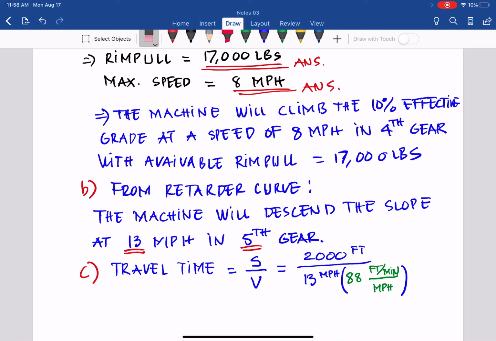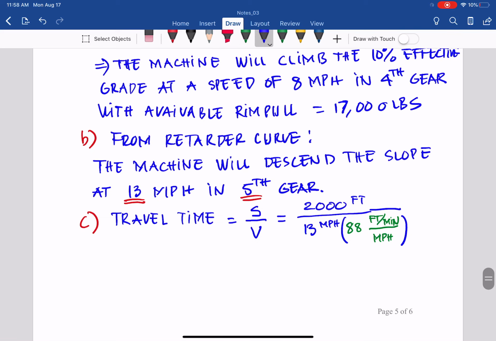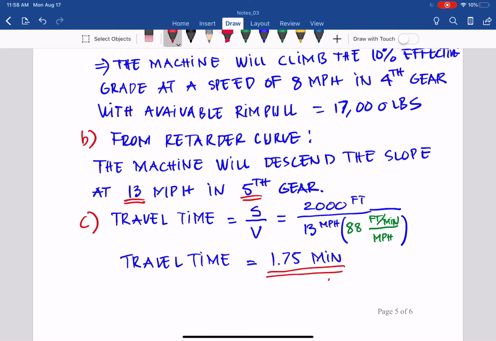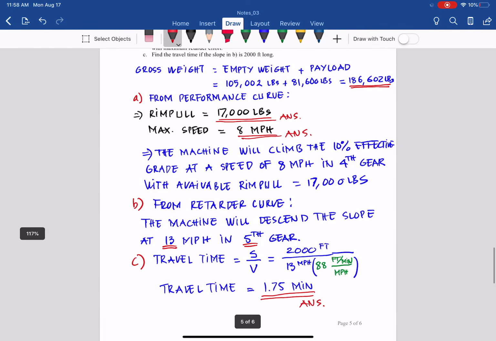From that, we will have the travel time equal to 1.75 minutes. So keep in mind, we have to do the unit conversion as usual. And that's it for this problem.